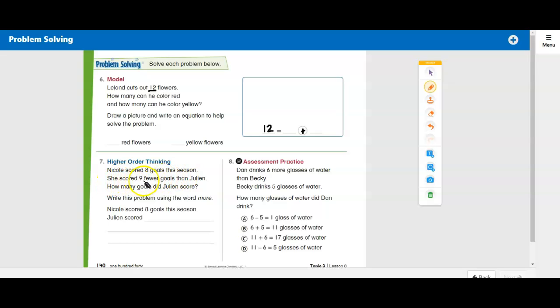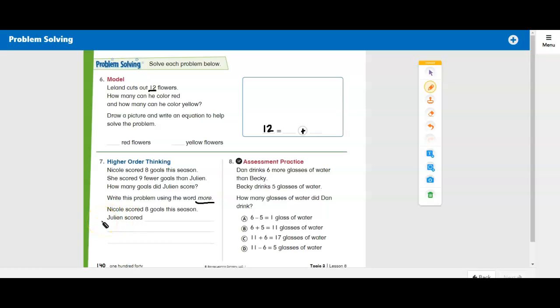She scored 9 fewer goals than Julian. How many goals did Julian score? It wants us to write this problem using the word more. So below, it has begun writing our word problem. But it changes one of our phrases.